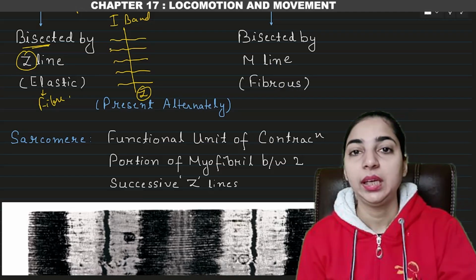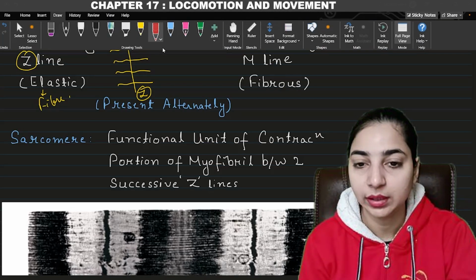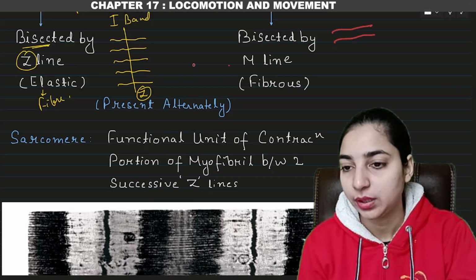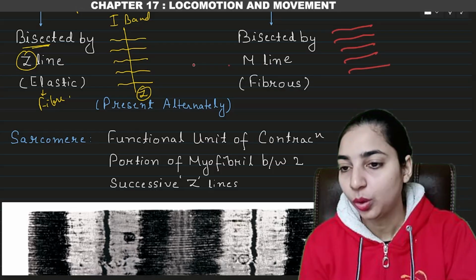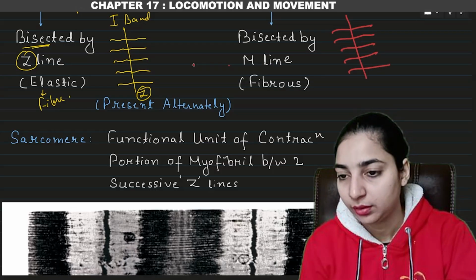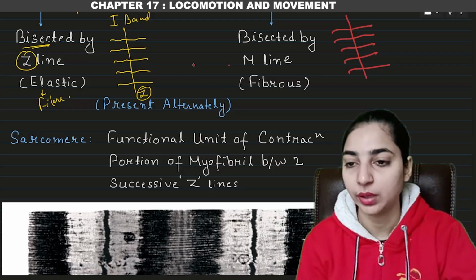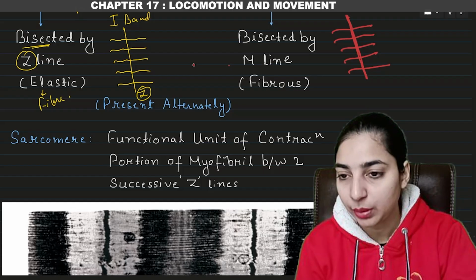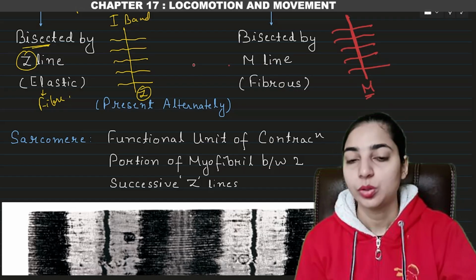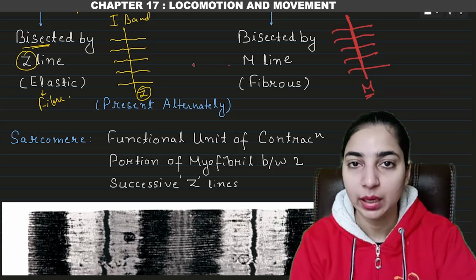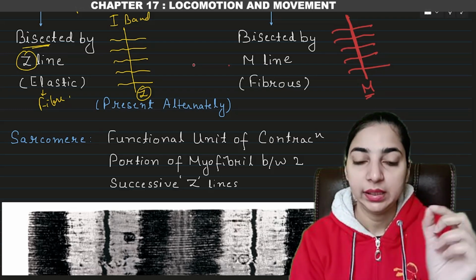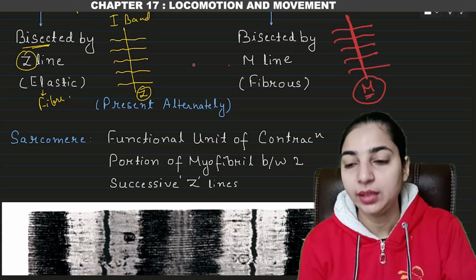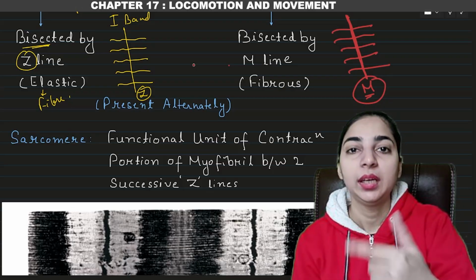Similarly, the dark band, which I show in red color, is the myosin. It is also bisected, meaning divided into two equal parts, by a thin fibrous membrane called the M line. Remember the difference: the Z line is the thin elastic fiber that bisects the I band, and the M line is the thin fibrous membrane which bisects the A band.